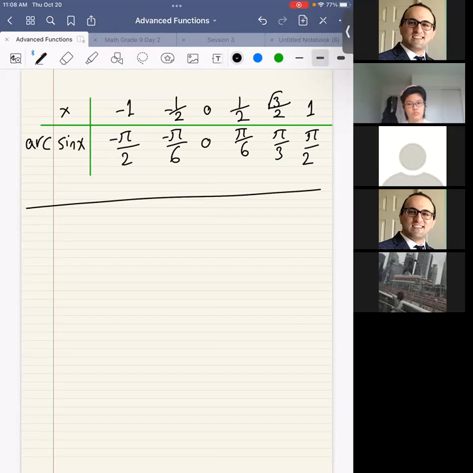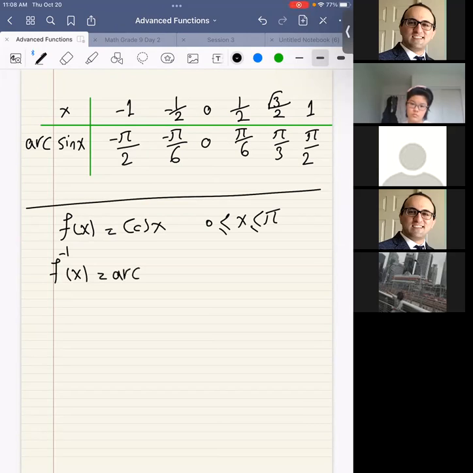like arc cosine. But for arc cosine, if I have f of x equal to cosine of x, I restrict the domain between 0 and pi. So for cosine, I restrict the domain between 0 and pi and define the inverse to be called arc cosine.